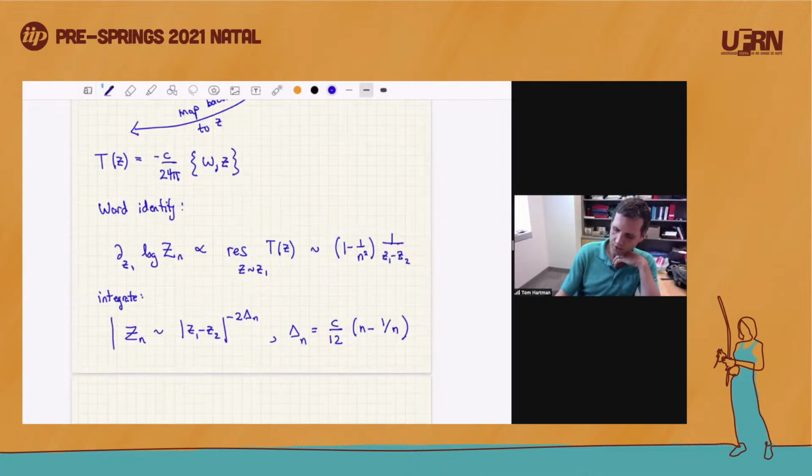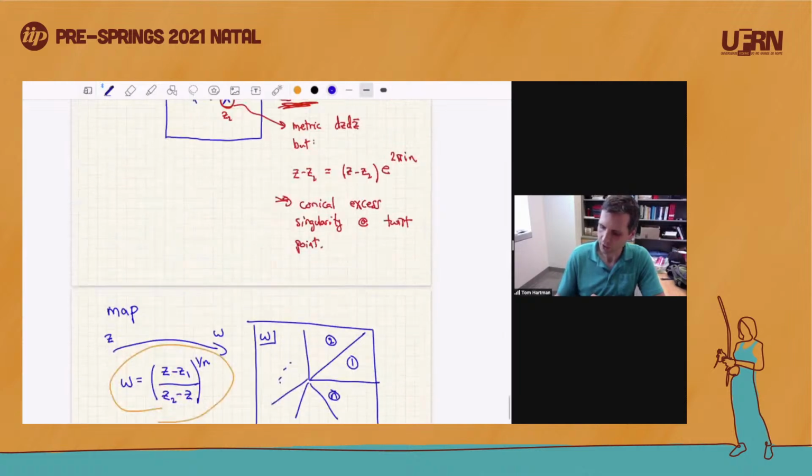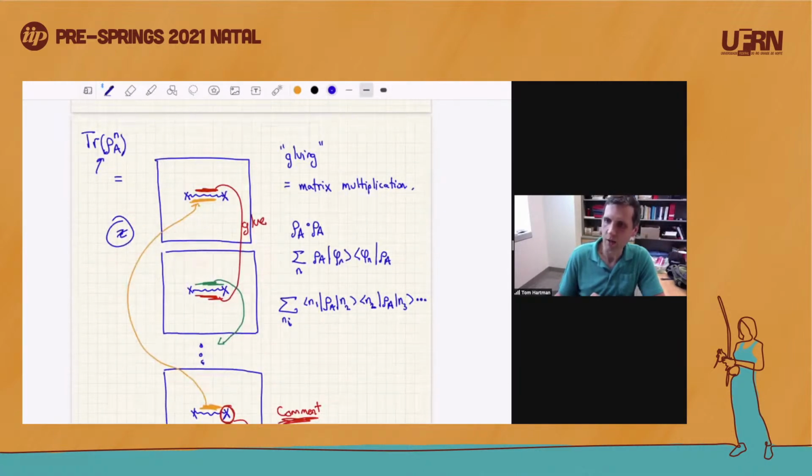So this is the calculation of the replica partition function. This is the partition function of a CFT on this crazy looking manifold that we're interested in here.